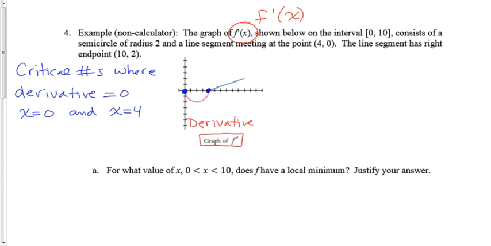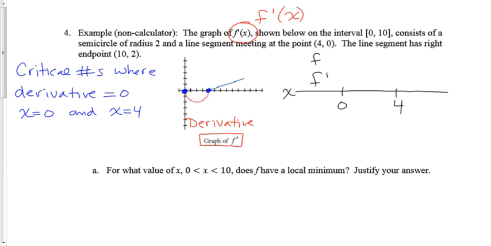So let's look at what happens to my derivative. I'm going to use a sign chart to talk about what happens, and I'm just going to put it next to my graph right now. I know what happens with my f prime, which is going to tell me what happens with my f. The critical points I have are at 0 and 4.